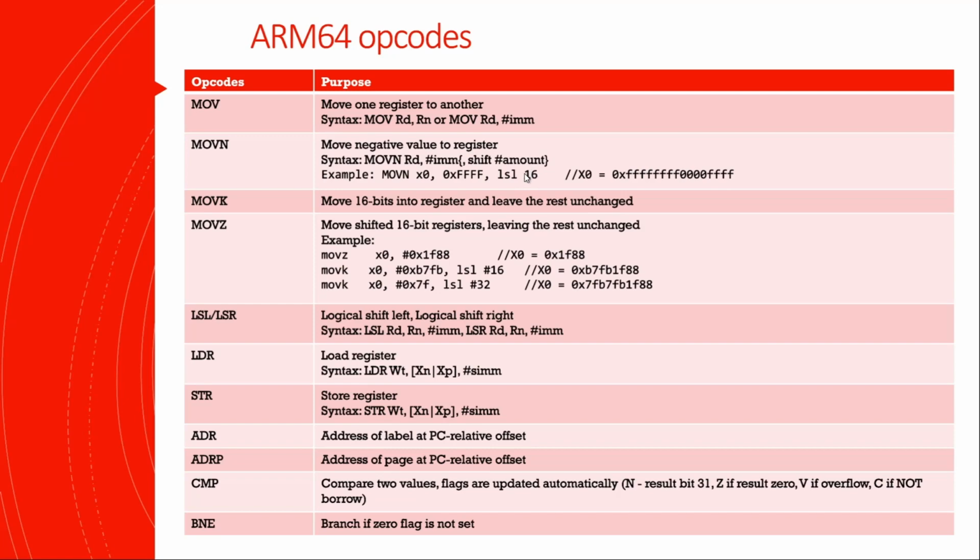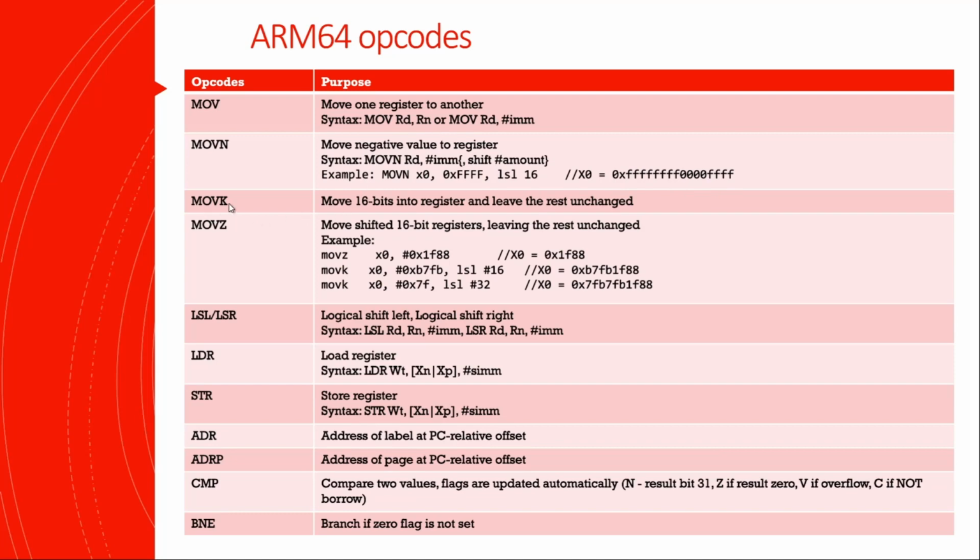And if we perform a left shift by 16 on this value, it will become 0x, and all of these f's will be turned into 0, and these zeros will be turned into f, and this f will be turned into zeros. Okay, and then that value will be negated, so you will get this value back in the x0 register.